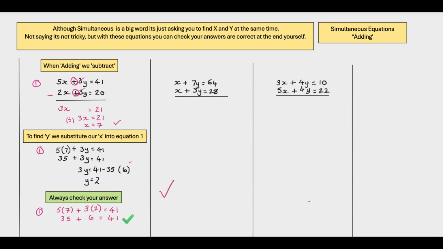We found our answer. Oops, that shouldn't be there. So we can always check the answer. And then we know and we're comfortable we've got it right.